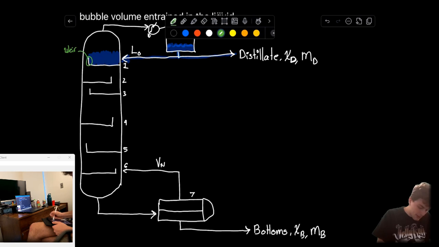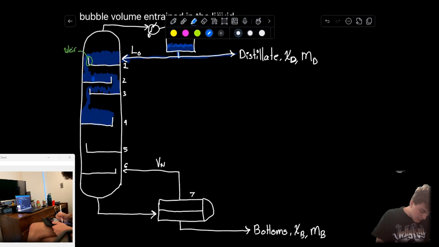And so when that liquid accumulates over the weir, it's going to start to spill down, and it'll crash down here. Then it's going to do the same thing on this tray: crash down, build up, and crash down again.